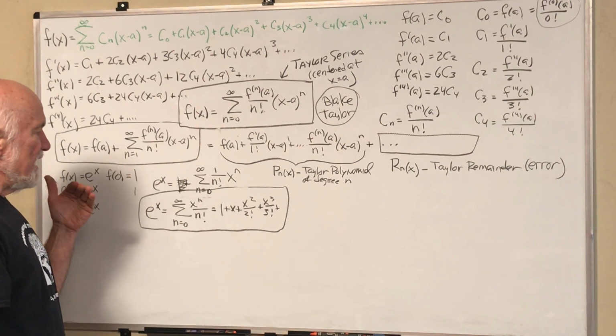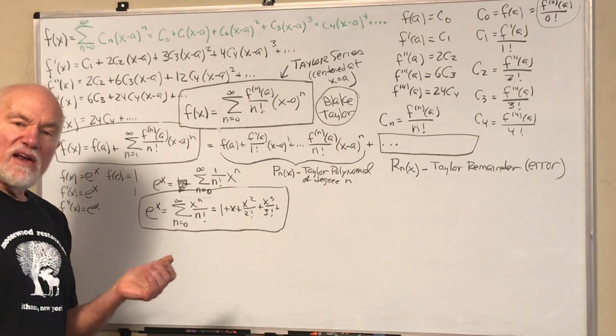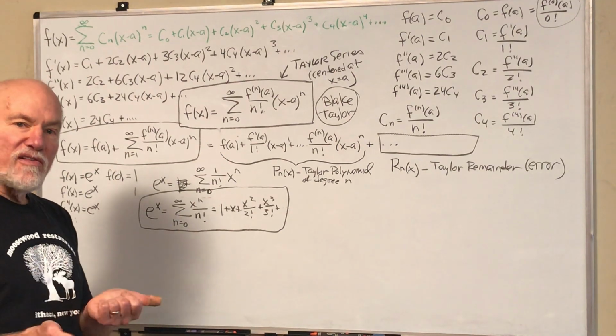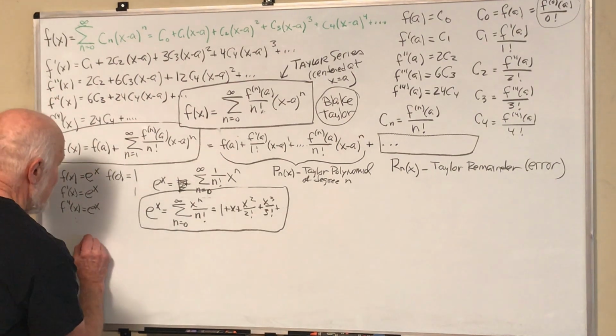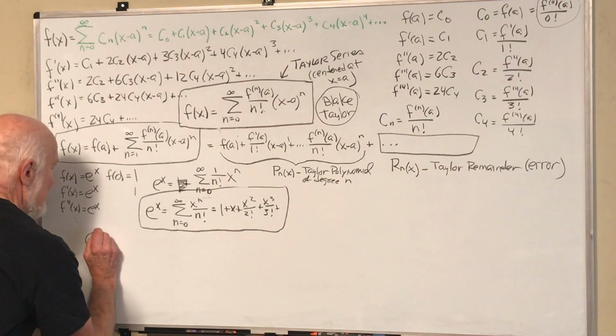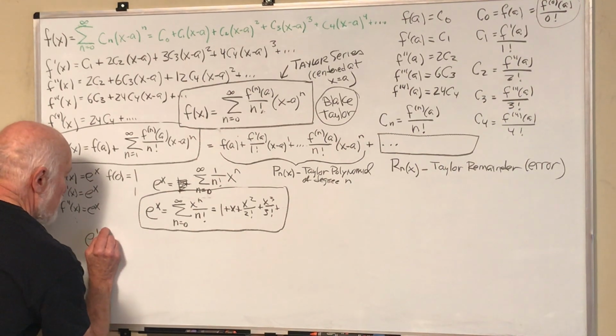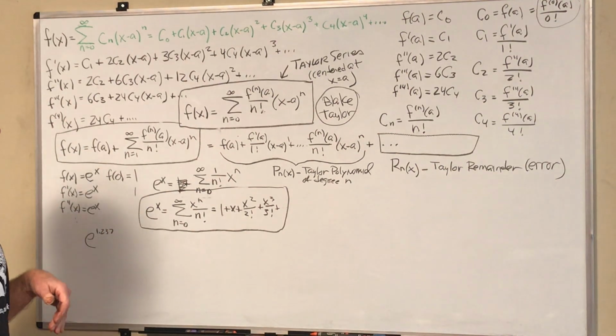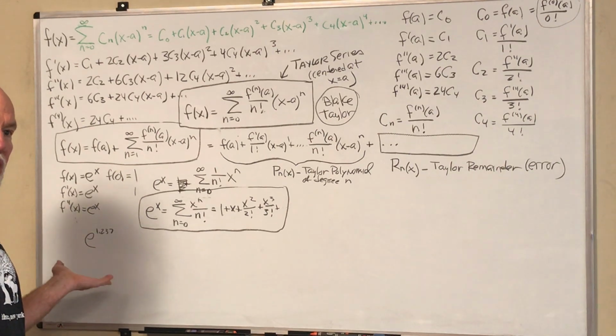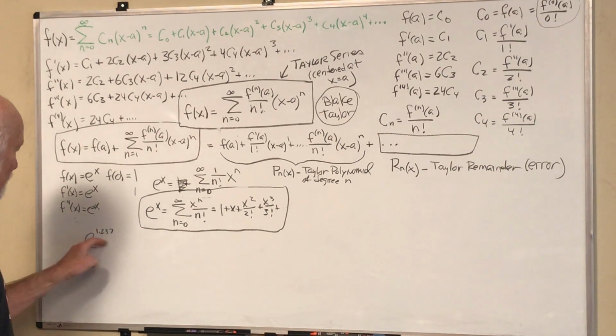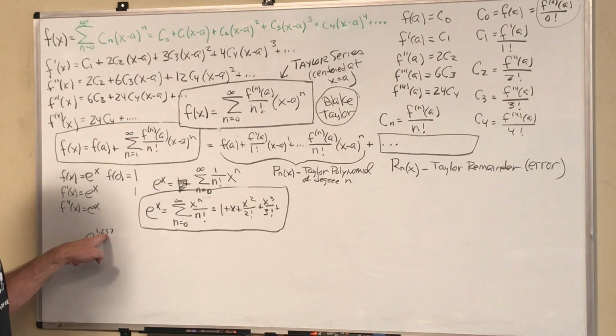But even another thing, if you think about every time that you type on your calculator, say you want to take e to the 1.237 power, how do you think a calculator knows that? There's an infinite number of real numbers you could put as an exponent.